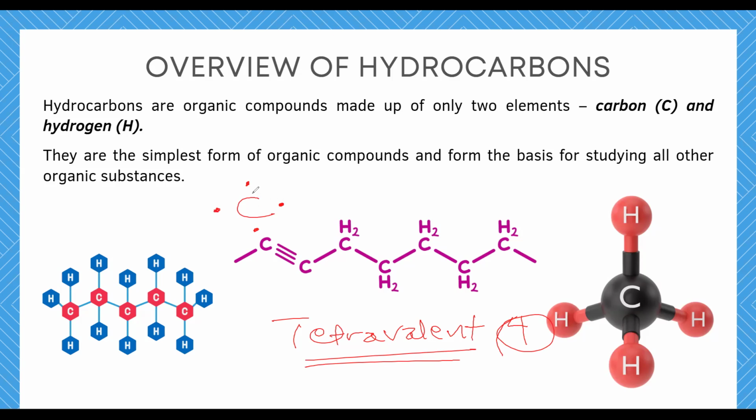Do you know what this means? It has four valence electrons. Good. It means that carbon can also form four separate bonds with any element that wants to join with it. And in hydrocarbons, those four bonds are occupied by hydrogen. One, two, three, four. Did you see that?